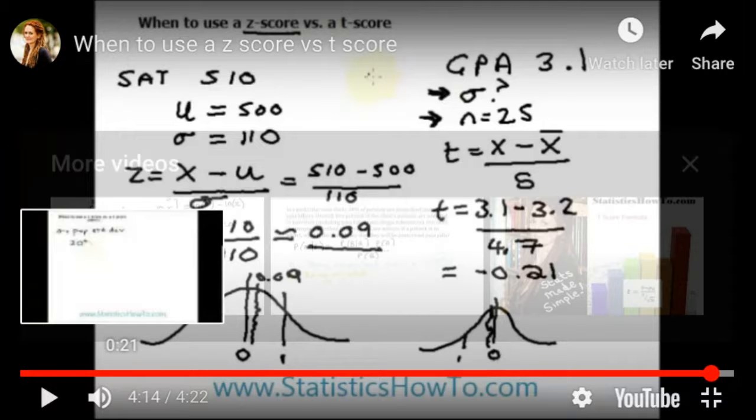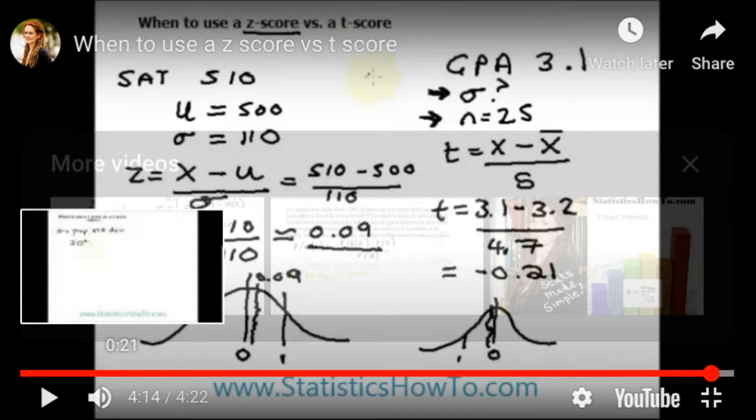The t-value is not the same as a z-value, and the t-value, similar to a z-value, is how close is that to the mean? And you can see minus 0.21 is very close to the mean. You're not subtracting 0.21 from 1 in this case. That's different. So I want that to be clear.